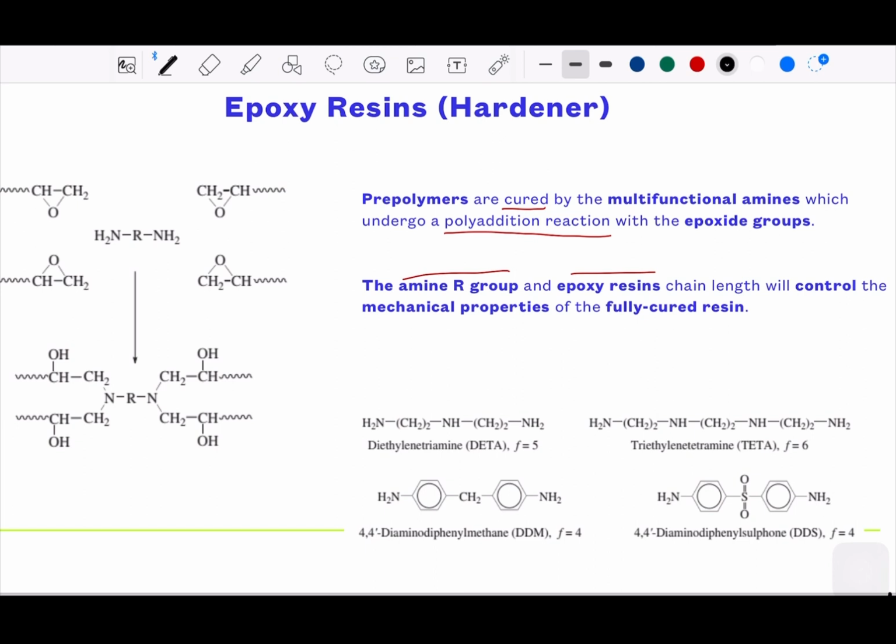So the F here, F equals 5, 4, 4, 6. That is the amine, the functional groups that are inside the substance. The more we have, the faster the solidification. But of course, there will be some pros and cons using each of these amine functional hardeners. Perhaps it's faster, but maybe you need to make sure that it's not too fast, maybe because you have other fillers inside.